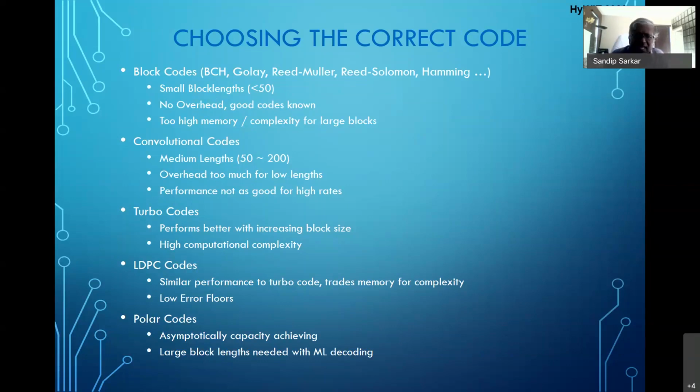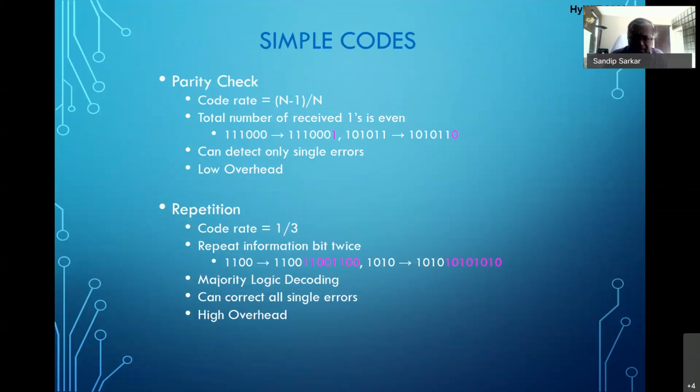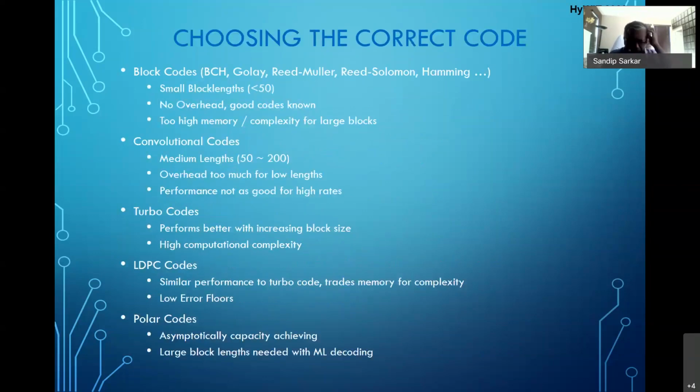So what are the things that we have? Let's see in 3GPP, what are the things that we have? We have control channels and we have data channels.